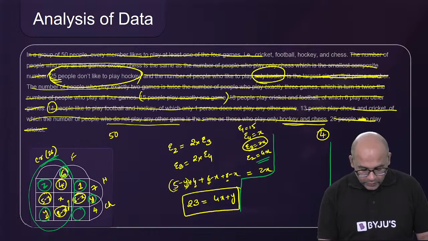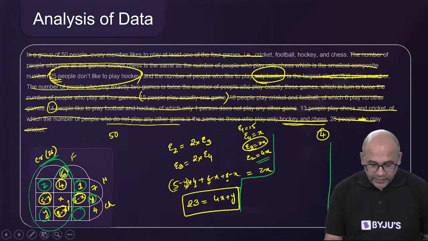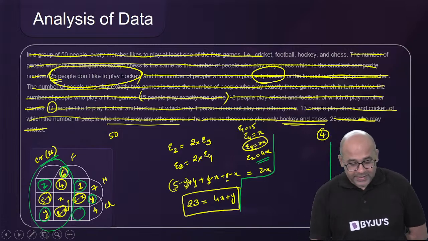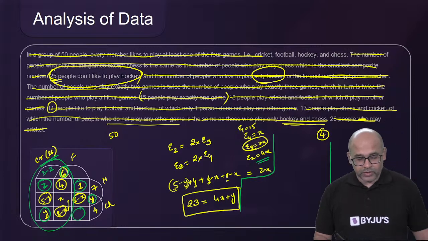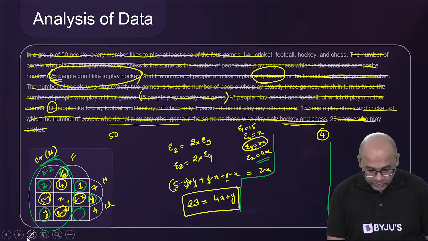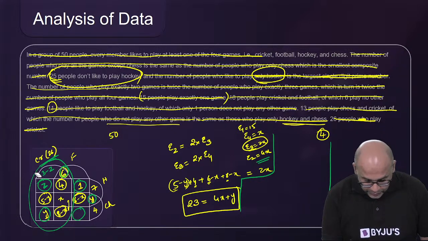So if I add all of this, 6 plus 4, 10, x and x gets cancelled, y and y gets cancelled. So 10 plus 8, 18, 18 plus 5, 23. So 23 plus z I have, so this should be 3 minus z. Okay, so that everything gets cancelled and I'm fine. So this is taken care of. So I don't need this anymore.